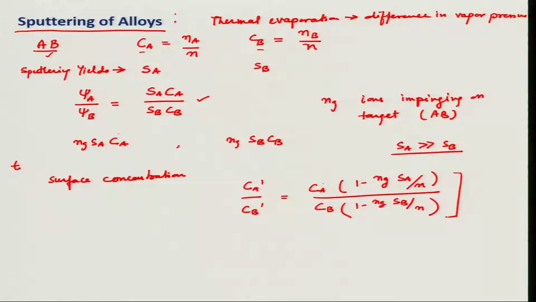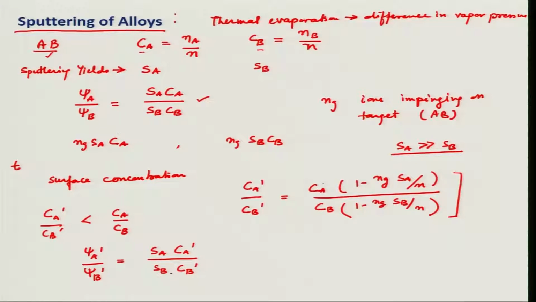Okay, so now if Sa is higher than Sb, we know that Ca dash over Cb dash would be less than Ca over Cb, and this is from this expression, because Sa is higher. Okay, so my target is now richer in B. So, if we calculate the flux again from this composition, we will see that psi A dash over psi B dash will be equal to Sa Ca dash over Sb Cb dash.